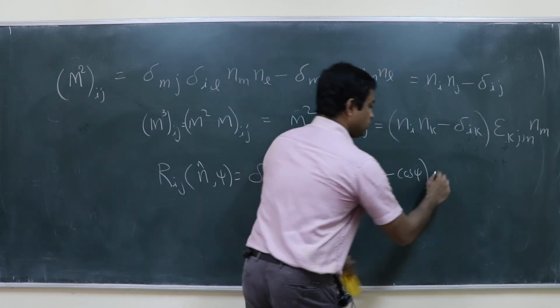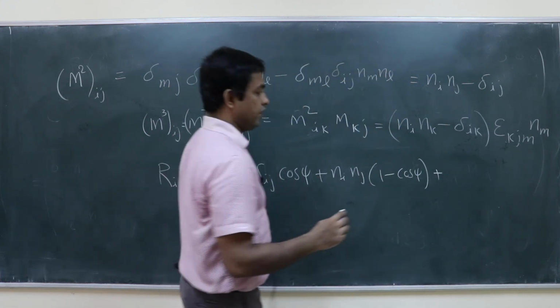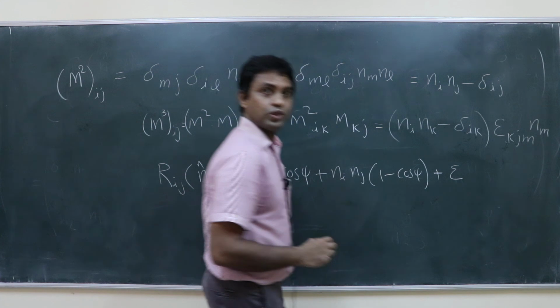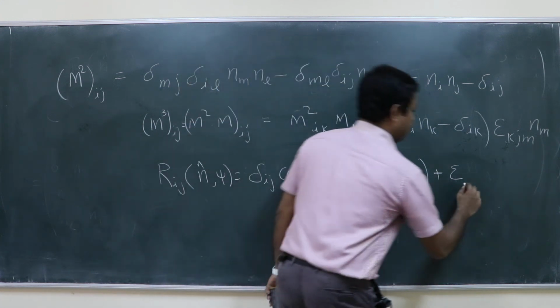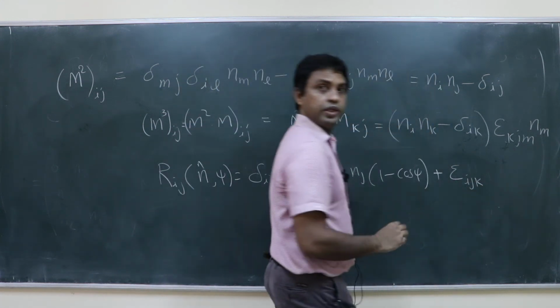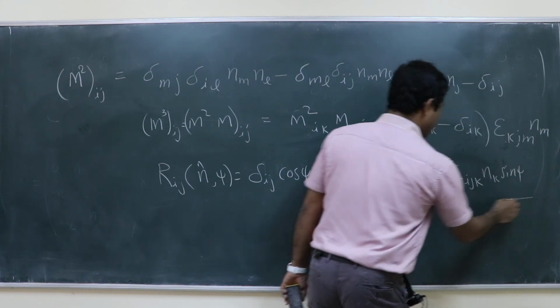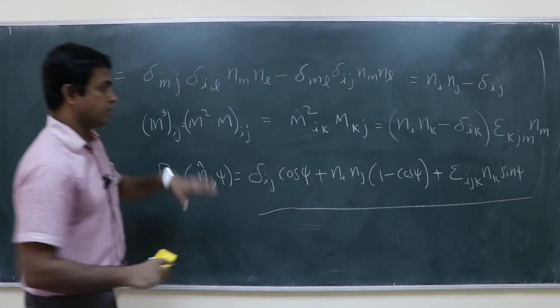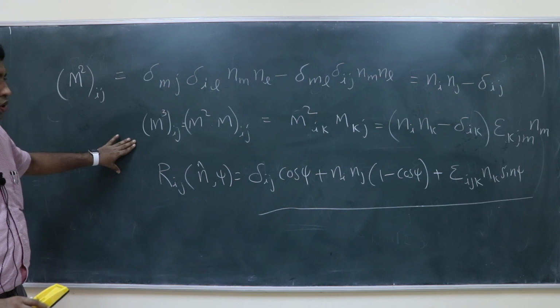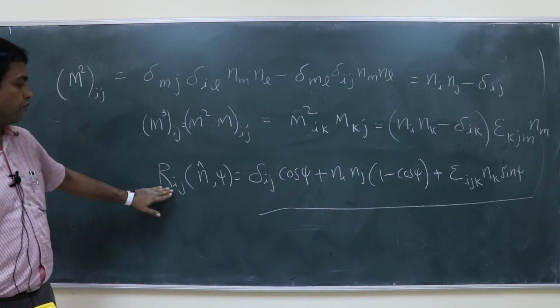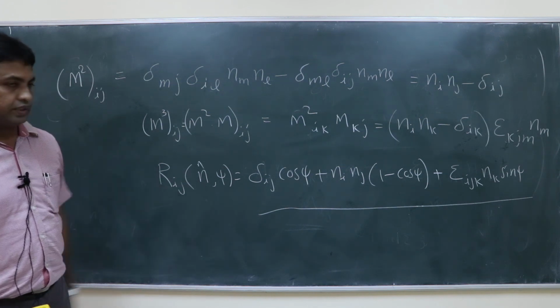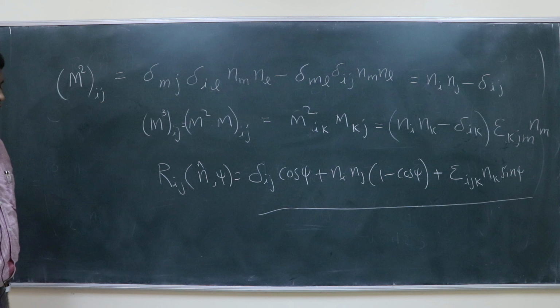There are so many problems we can do with this. Maybe I will give you an assignment or a class test. You look at Balakrishnan's book, there are so many problems based on this. So all of you just derive this. Up to m cube is equal to minus m you got. From that, find out Rij n psi. Okay, so this you can easily do.